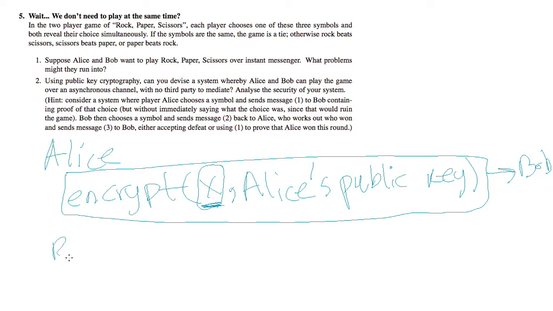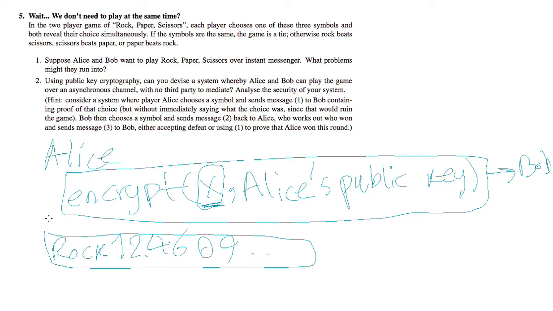So for example, it's going to be rock and then some arbitrarily long number like 124609 something. And then Alice is going to encrypt this whole thing with her public key, and then she's going to send that to Bob. Okay, now Bob has no way of having pre-computed the encrypted message for all values that look like this, right?